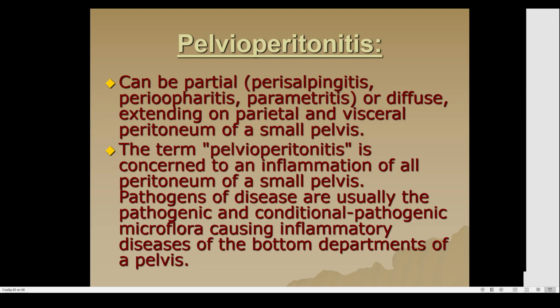The term pelvic peritonitis is concerned to an inflammation of all peritoneum of a small pelvis. Pathogens of disease are usually the pathogenic and conditional pathogenic microflora causing inflammatory disease of the bottom departments of a pelvis.